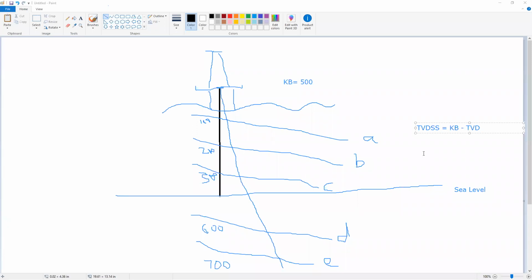Now for formation A, what will be the TVDSS? 500 minus 100, it means the TVDSS for formation A is 400, correct?